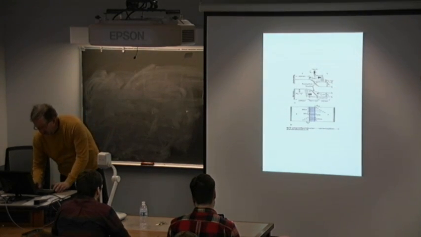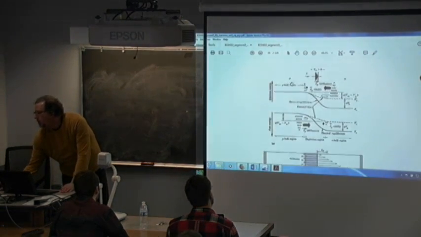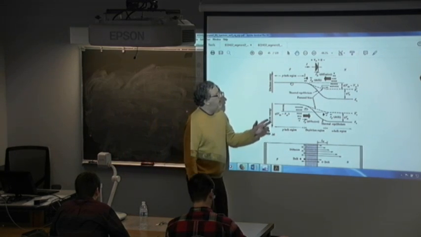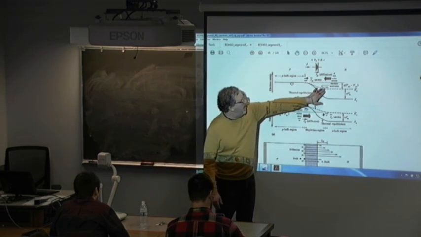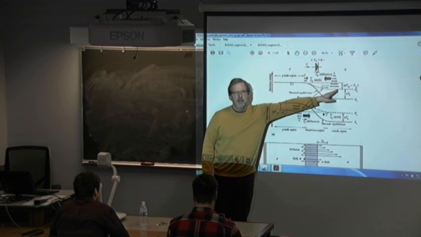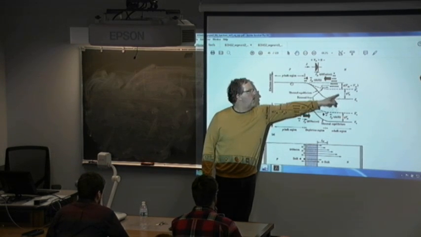So here we apply a bias, and we bend the bands. And so what voltage was applied to the right side? Bands go up.